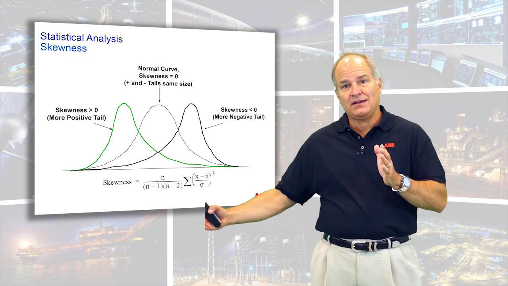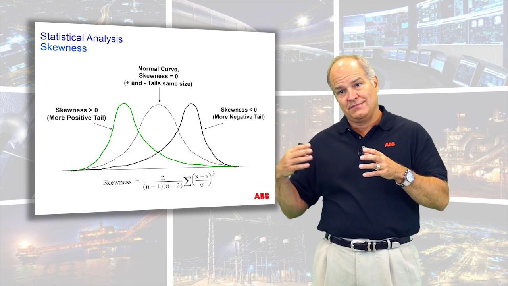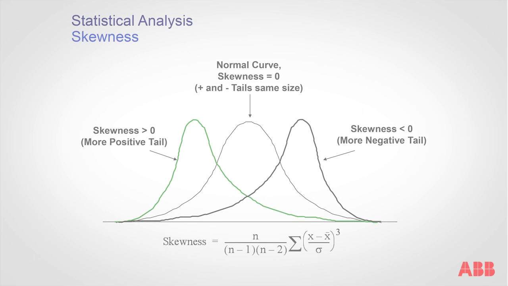Whichever tail is longer, it's either plus or minus. So what we have here is a positive skewness because the positive going tail is bigger. It always shifts to the left, which in my mind is negative. But the powers that be said that the positive going tail, when the data shifts to the left, is positive, and if there's more data on the left side, then it's negative.